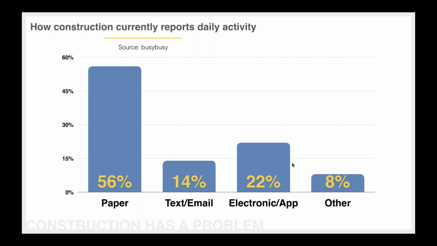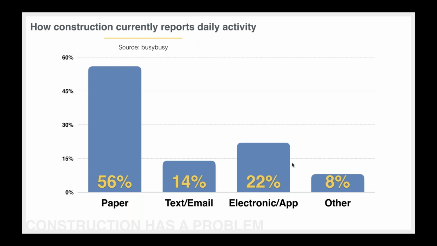By and large, however, the construction industry is still using paper to report information from the field. It takes me back to the days of triplicate daily reports and the smell of the carbon copies. I love it, but it's antiquated.